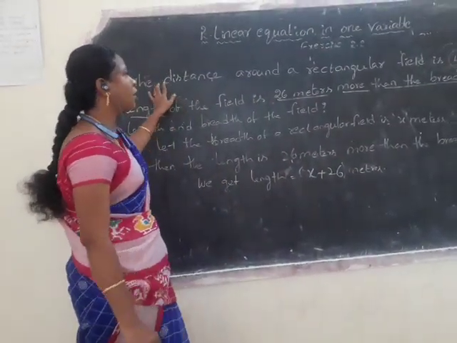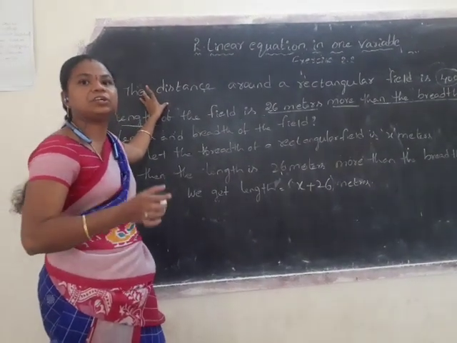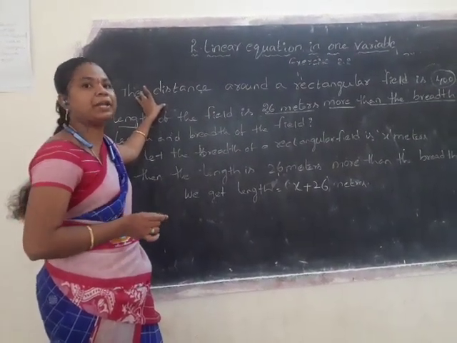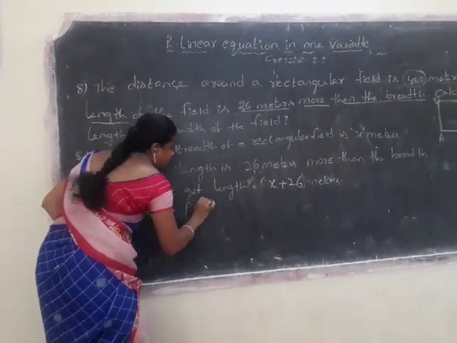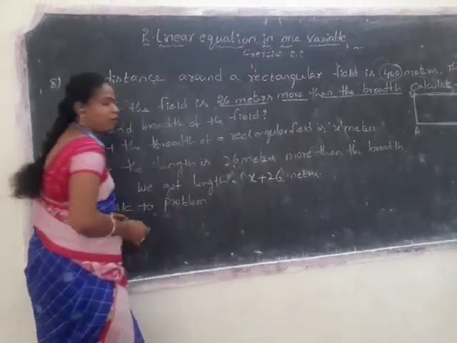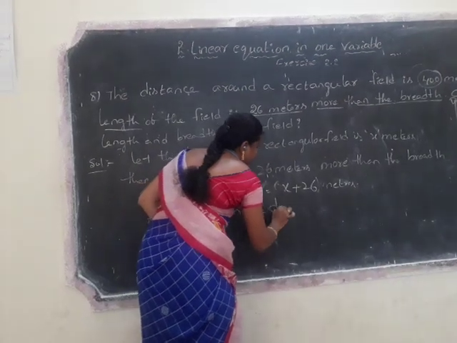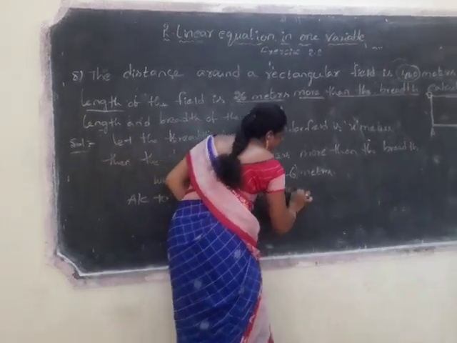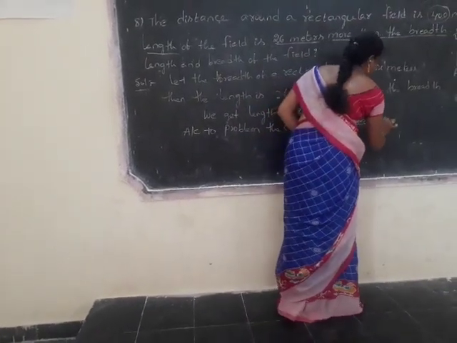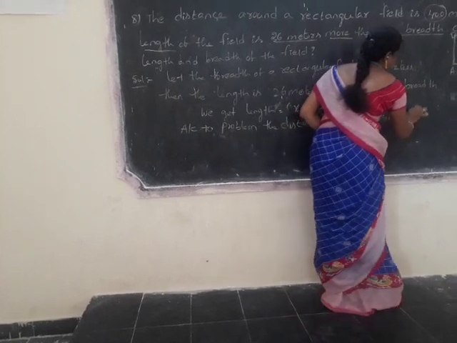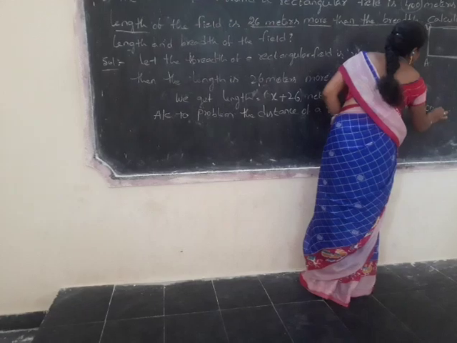Here, according to the problem, the total distance around the rectangular field is 400 meters. The total distance is called the perimeter. According to the problem, the distance around the rectangular field is 400 meters.